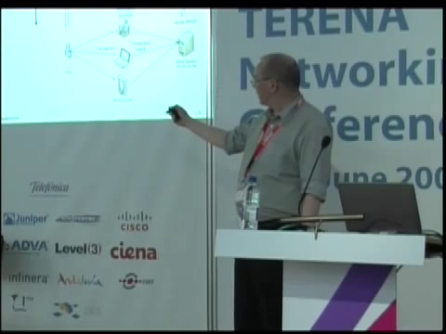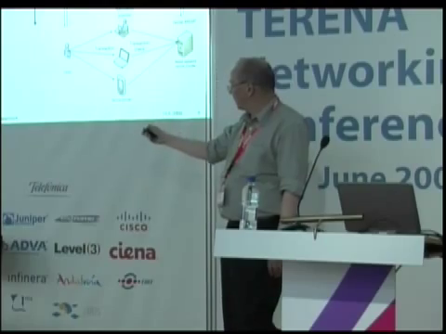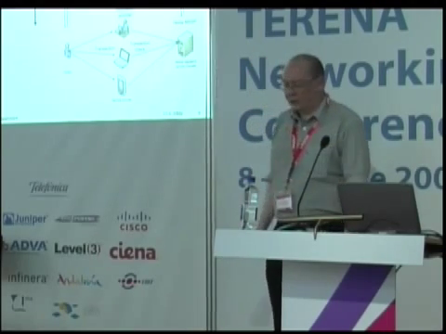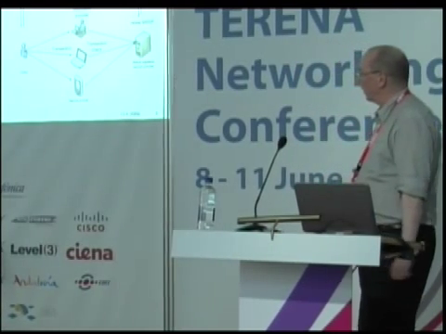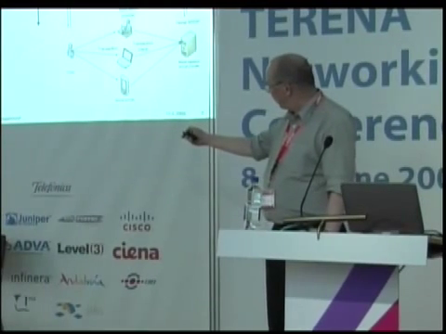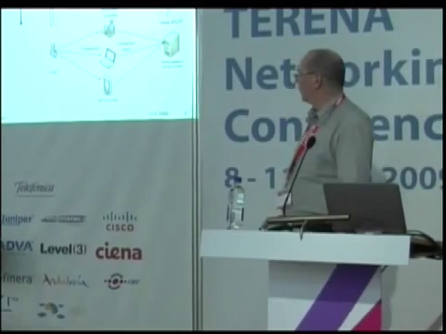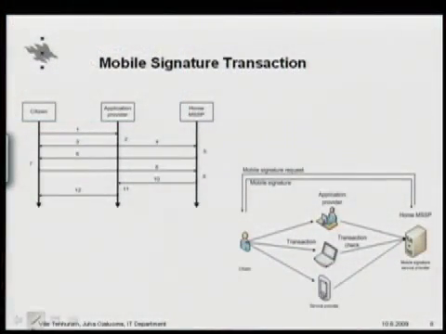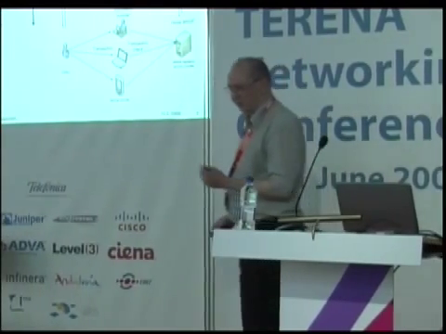After that, this mobile signature service provider asks straight from the user this information and PINs, and asks to authenticate to the system, and in number 8, the user's mobile device sends this information to the home MSP, which checks that everything is okay and the authentication process can go on.